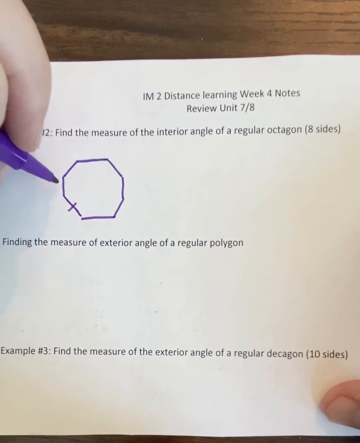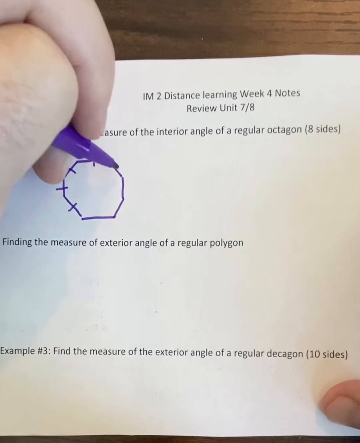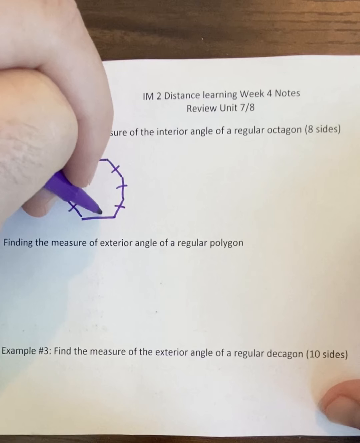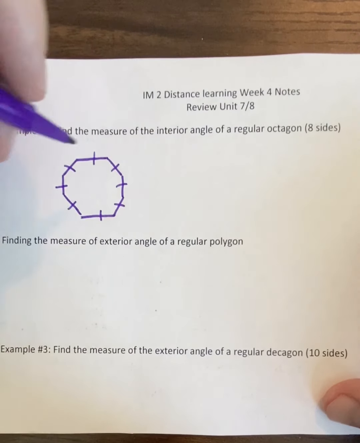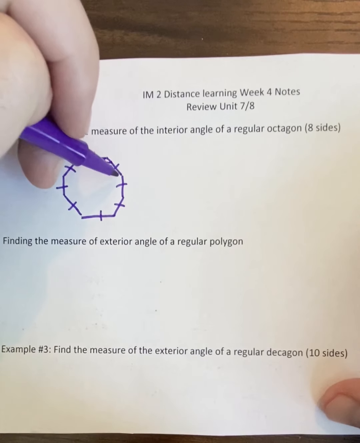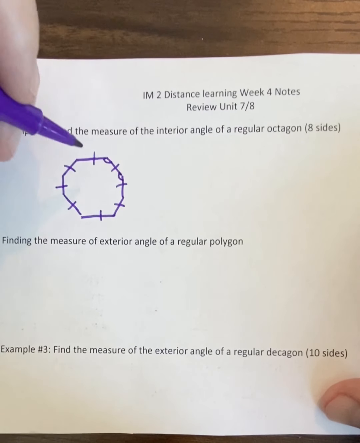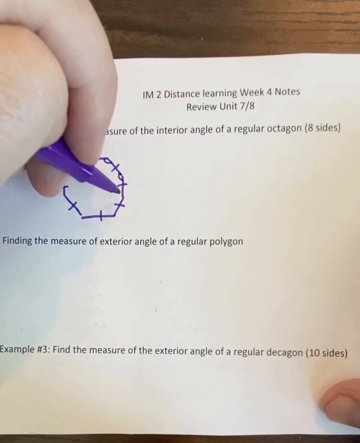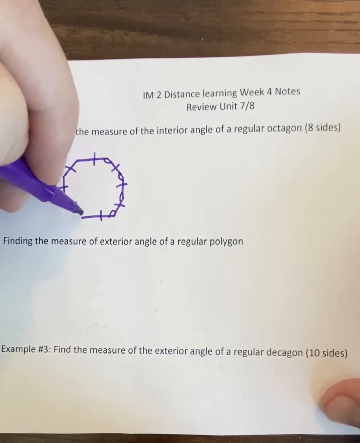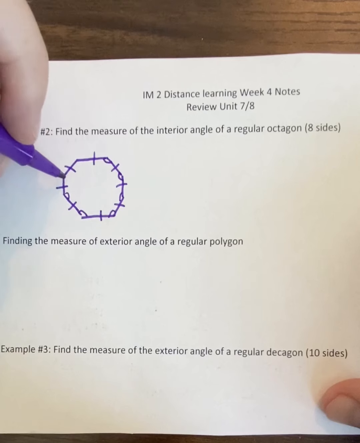Okay, and all these sides, all 8 of them are the same length. Okay, so we want to find each of these angles, because if we find one, we're going to find the measure of them all because they're all the same measure.